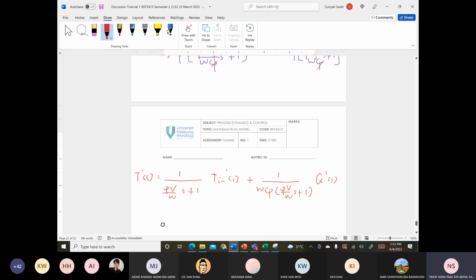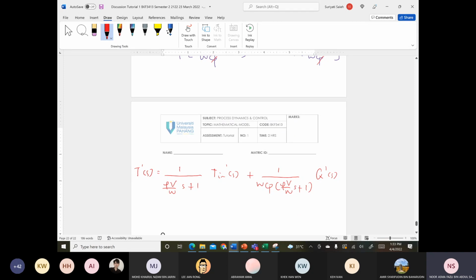So now, based on this, I already made sure the transfer function is in the form of first order. When I compare it, K over tau S plus 1, and this is also K over tau S plus 1.